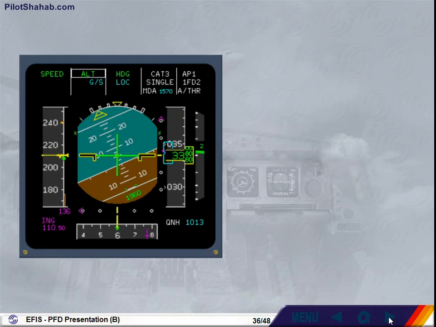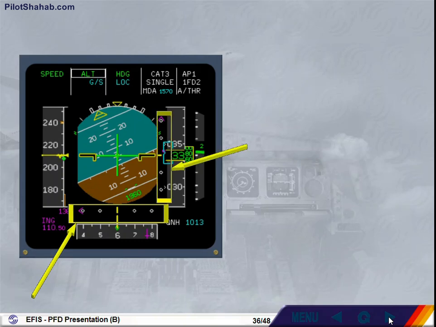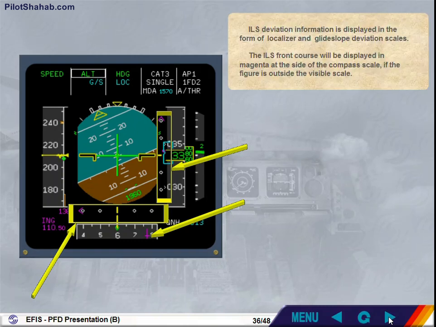ILS deviation information is displayed in the form of localizer and glide slope deviation scales. The ILS front course will be displayed in magenta at the side of the compass scale if the figure is outside the visible scale.